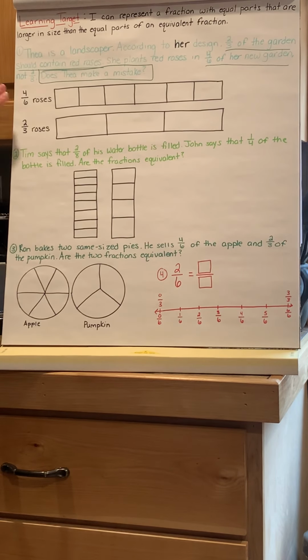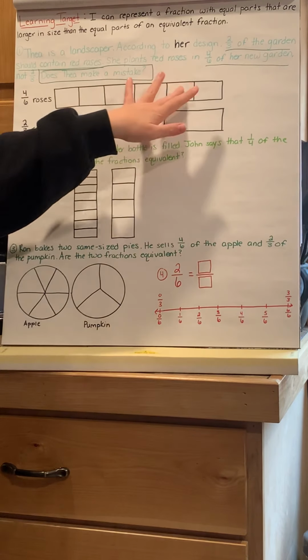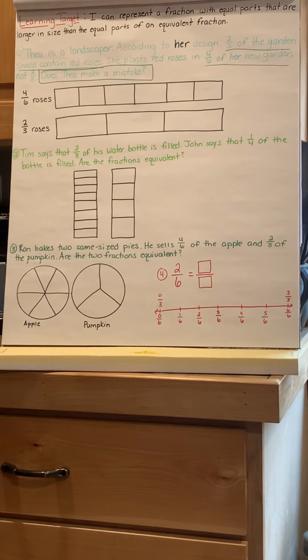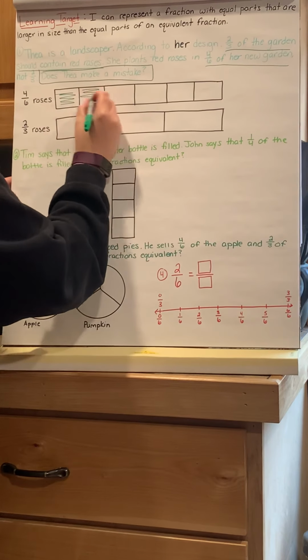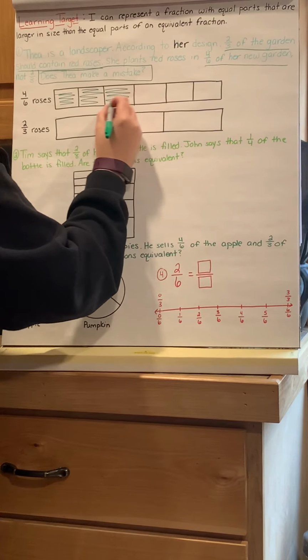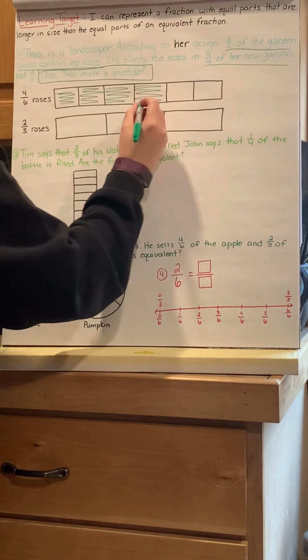So right now we have 4/6 up here. I just did a fraction strip. So 4/6. I already have this broken up into 6 equal parts. So now what I need to do is go in and shade the 4 areas that would have roses in them. So 1, 2, 3, 4.